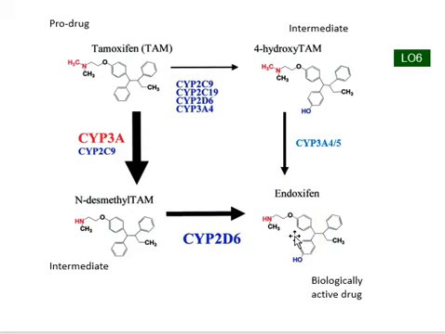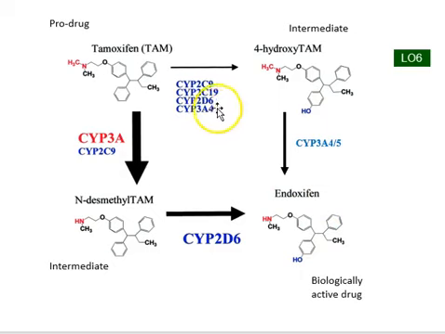So if you have the patient on a CYP3A4 inhibitor, and you basically stop this cascade, there is this alternate pathway, which is here. These other CYP enzymes, CYP2C19, CYP2C9, and some of these others, can actually biotransform tamoxifen into 4-hydroxy-tamoxifen, and then CYP3A4 can turn this intermediate into endoxifen.